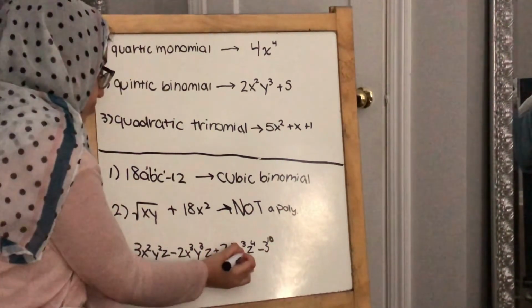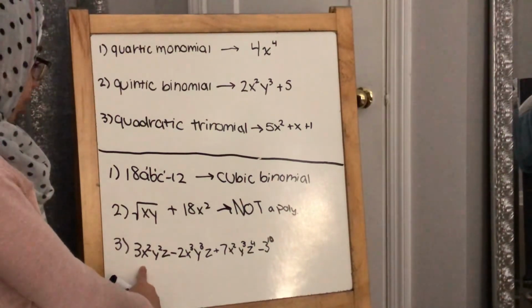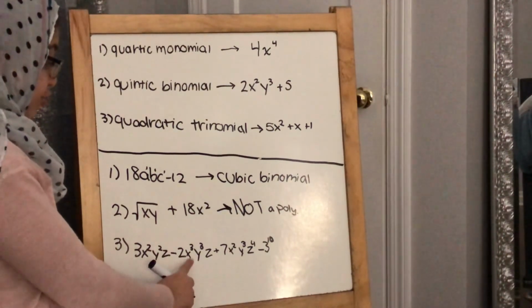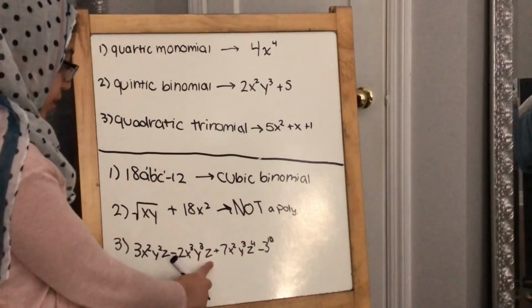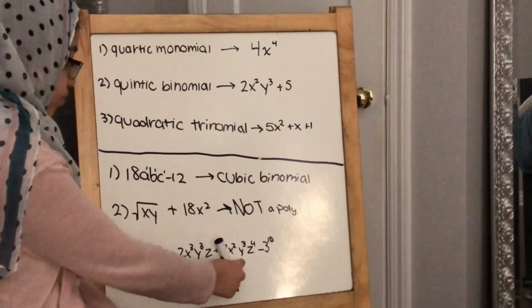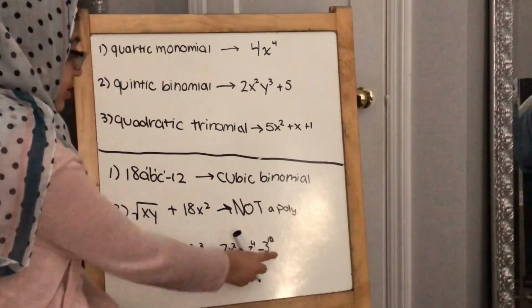So, here we have 3x squared y squared z minus 2x cubed y cubed z plus 7x squared y cubed z to the 4th minus 3 to the 10th.